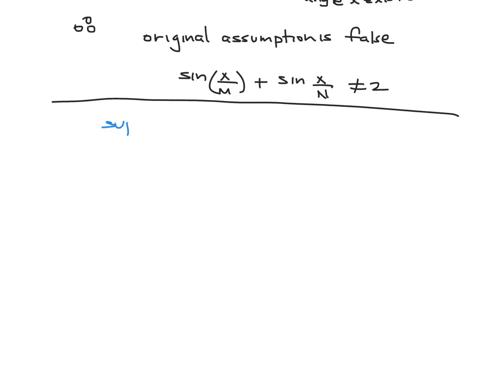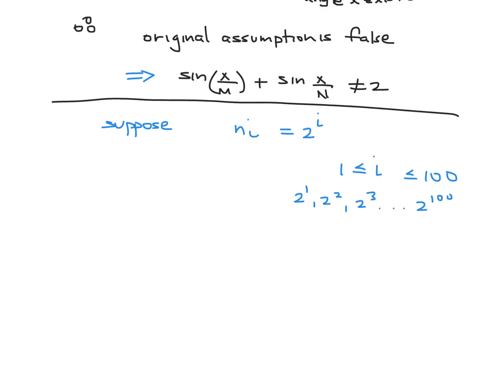So we need to figure out a sequence that would show that. So we have n_i equal to, let's make it a power of 2, and i, remember, is between 1 and 100. So for example, it would be 2 to the power 1, 2 to the power 2, 2 to the power 3, and so on, all the way to 2 to the power of 100, correct?